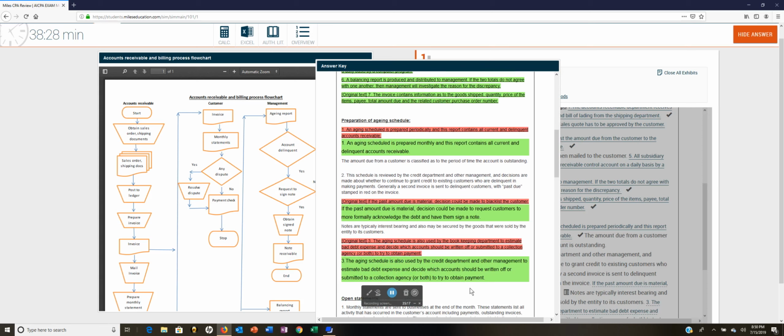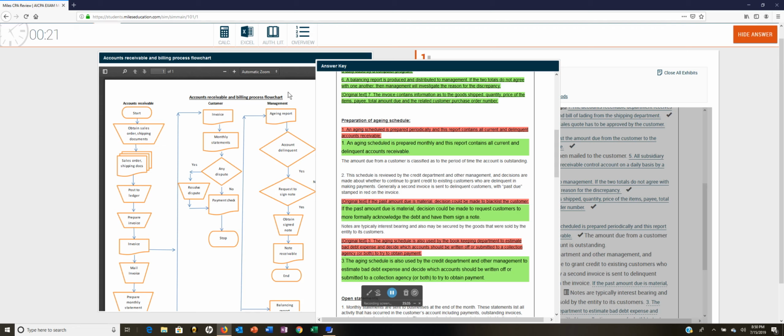Now, we didn't do most of the other ones here, but we did do this first one, which we got wrong. An aging schedule is prepared periodically, and this report contains all current and delinquent accounts receivable. The correct answer was it was prepared monthly. It should be prepared monthly.